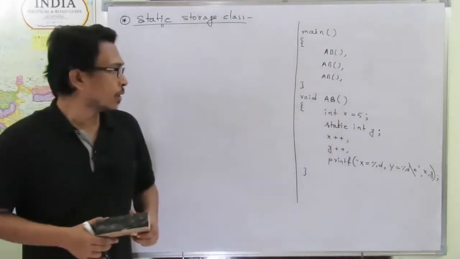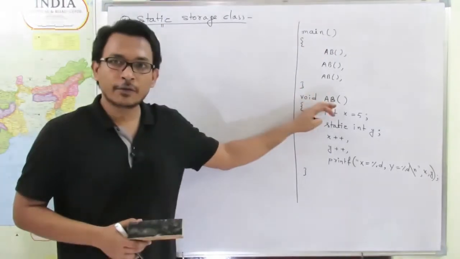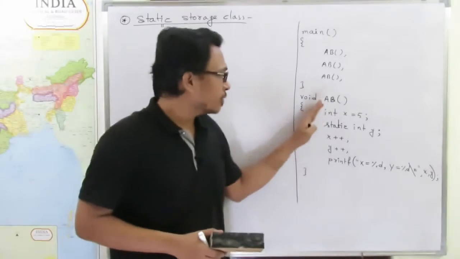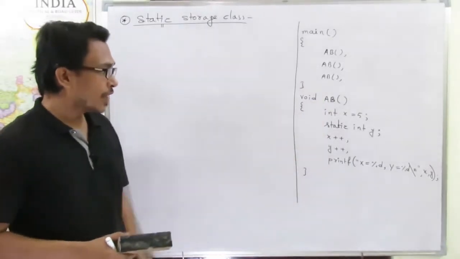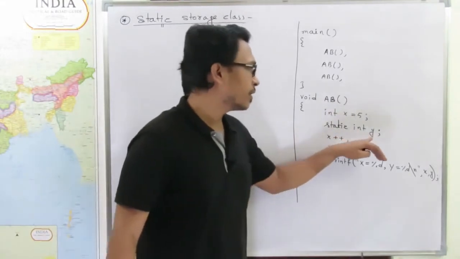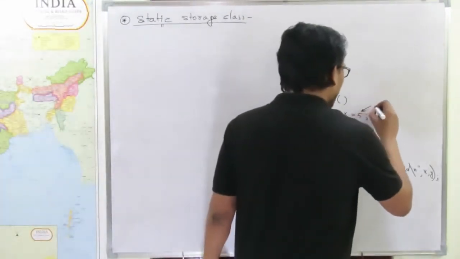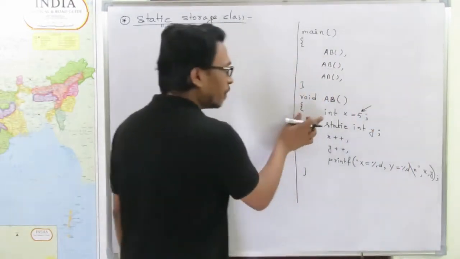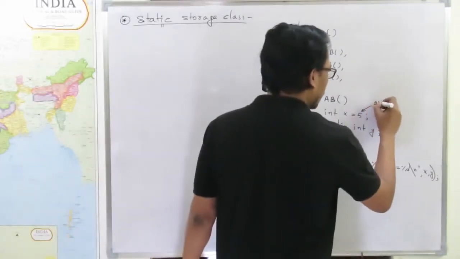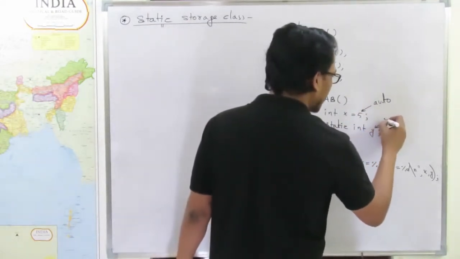This is our entry point function and this is one user defined function, and inside the user defined function we declare two variables. One is integer x, the other one is static int y. In case of x the storage class is auto, and in case of y the storage class is static.